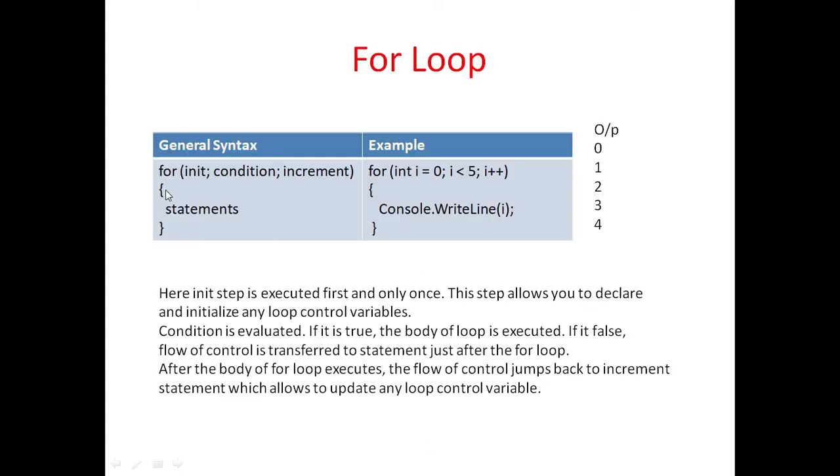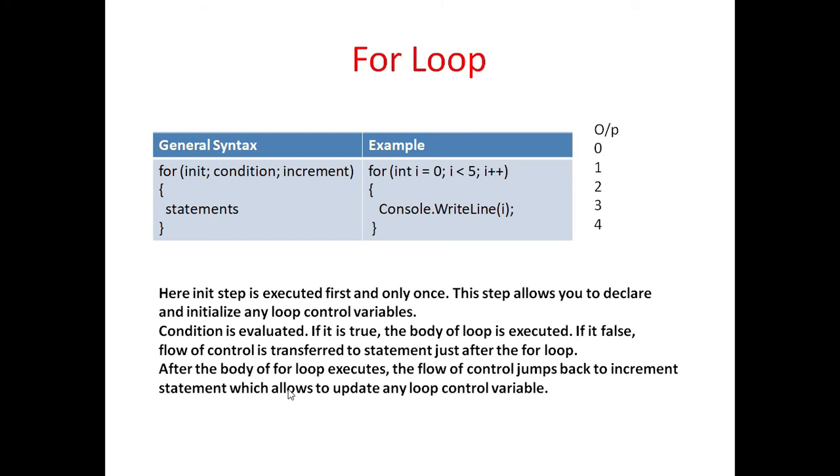General syntax is for initialization, then condition and then increment and statements. Here the init step is executed first and only once. This step allows you to declare and initialize any loop control variable.